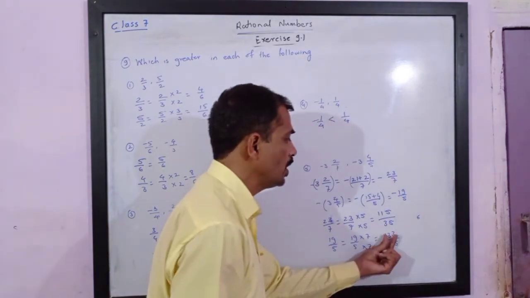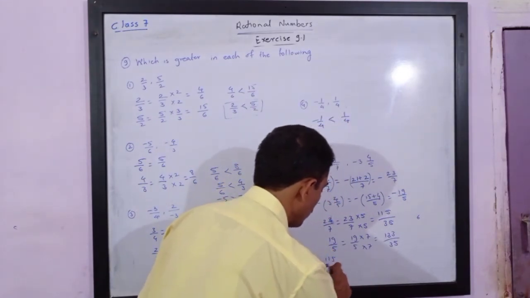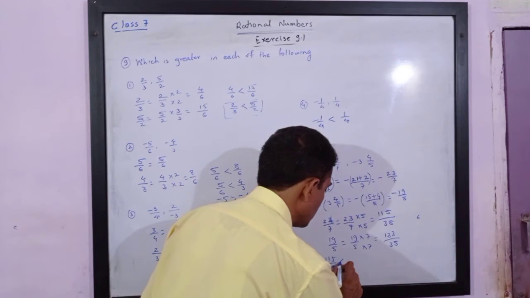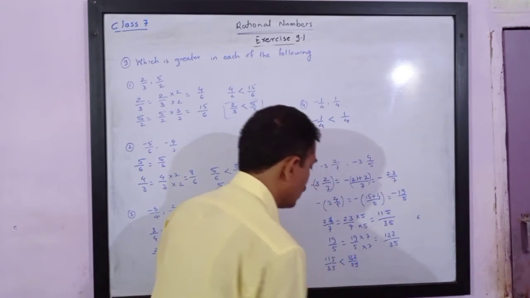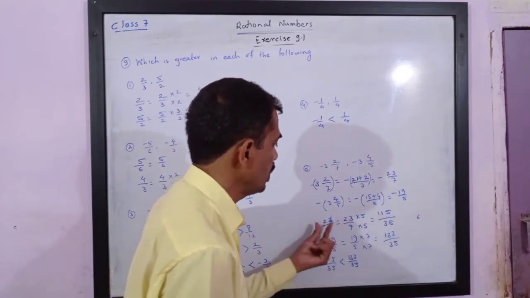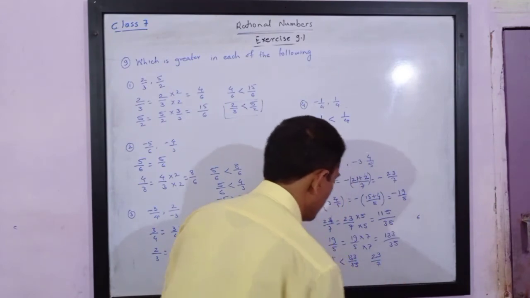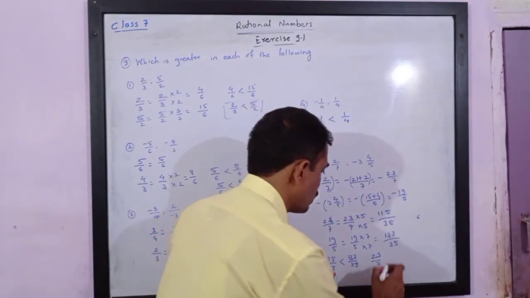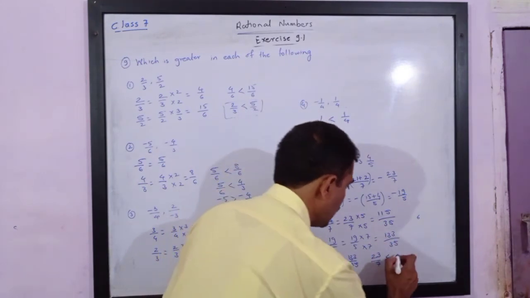Please note, 133 upon 35 is bigger, so here 115 upon 35 is smaller than 133 upon 35, but 115 upon 35 is nothing but 23 upon 7. 23 upon 7 is smaller than 133 upon 35 means 19 upon 5.